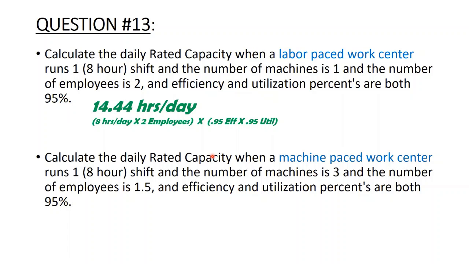Now calculate the daily rated capacity when a machine-paced work center runs 1 8-hour shift and the number of machines is 3 and the number of employees is 1.5. And the efficiency and utilization percents are both 95%.